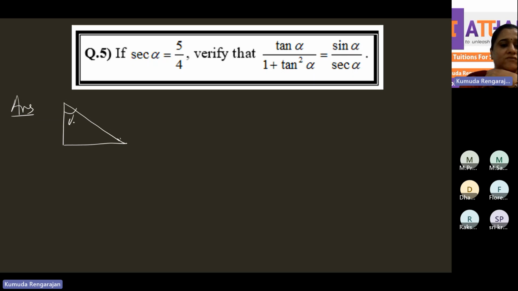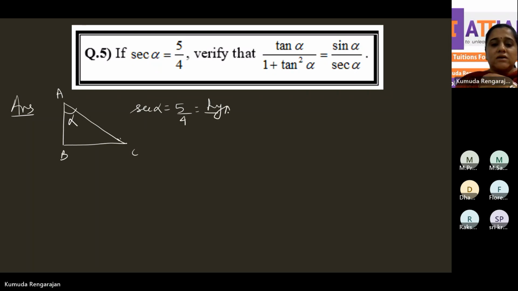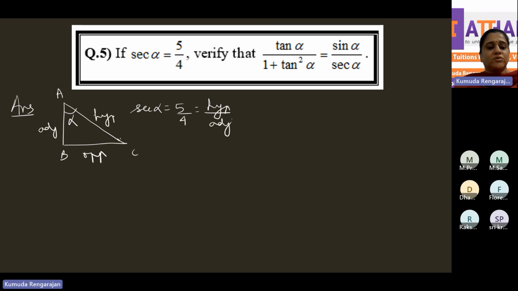I'm calling this alpha, A, B, C. Secant alpha is 5 by 4. Secant is the reciprocal of cos, so it is hypotenuse by adjacent. For alpha, this is the opposite side, this is the adjacent side, and this is the hypotenuse. Now, hypotenuse by adjacent is 5 by 4.